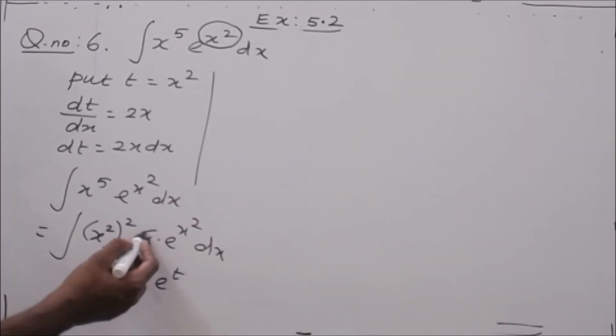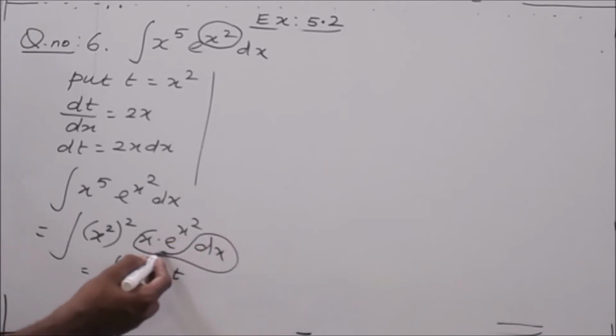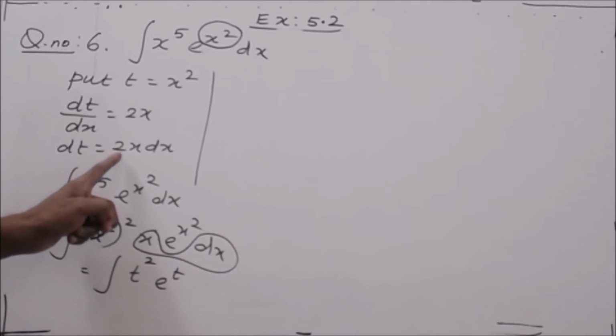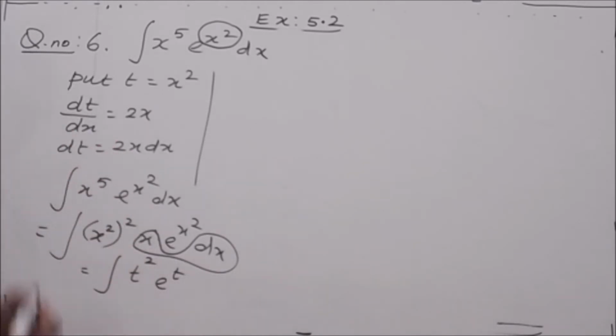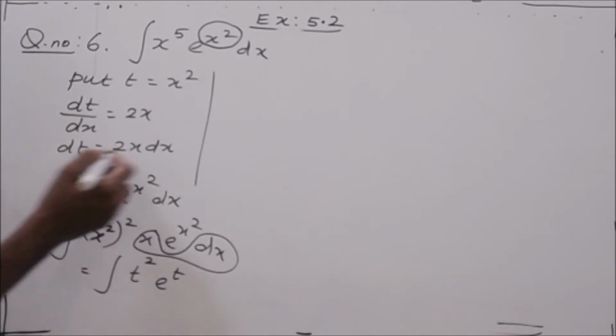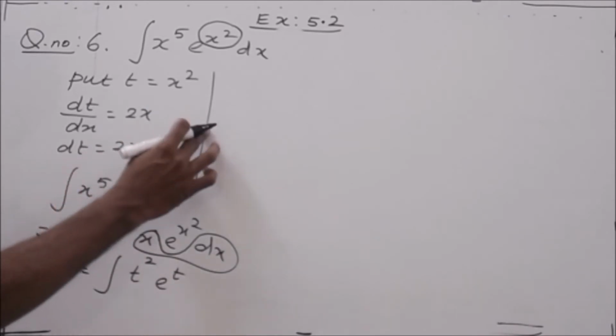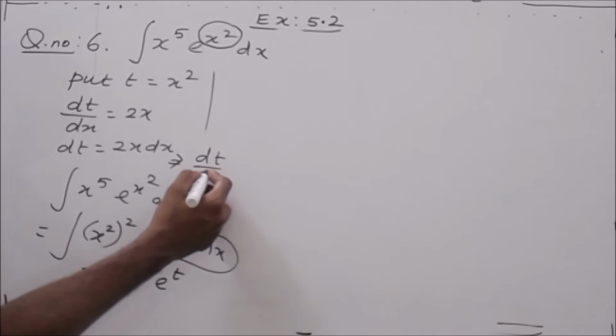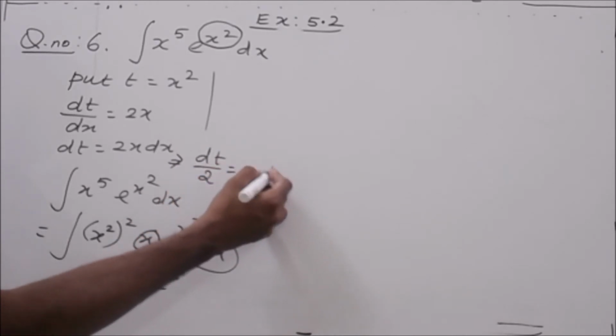The remaining are x into dx. x and dx are remaining. For that we should substitute from the result of dt. So dt divided by 2 implies x dx, which implies dt divided by 2 equal to x dx.